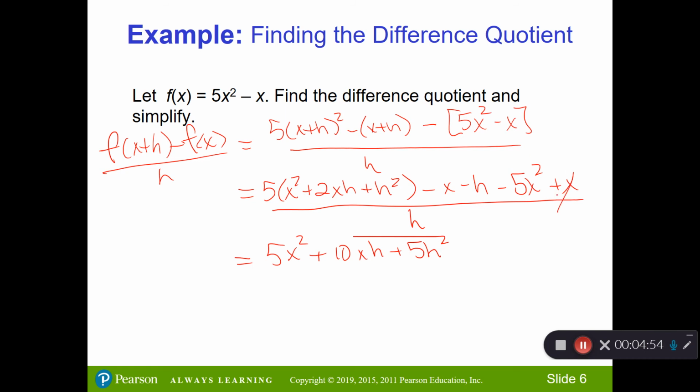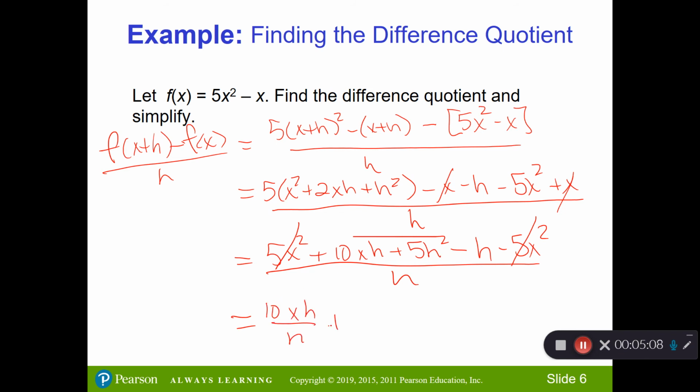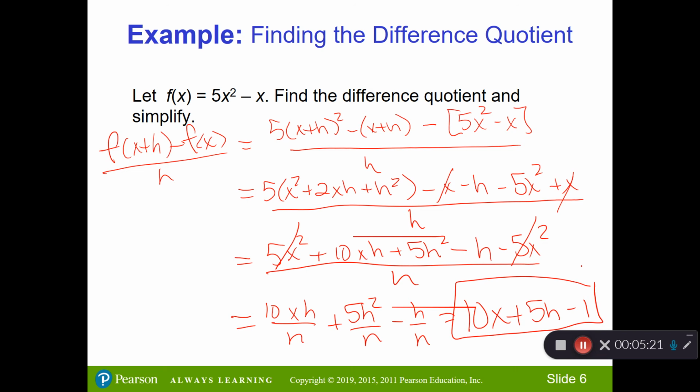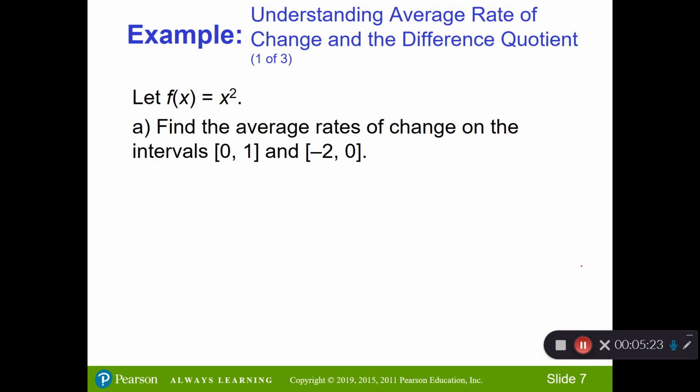And now notice this plus x and minus x subtract off, so we have minus h minus 5x squared. And again, this negative 5x squared and the positive are gone. There's an h in everything, so I can write that as 10xh over h plus 5h squared over h minus h over h. And that simplifies to 10x plus 5h minus 1. So there's our value of the difference quotient there.